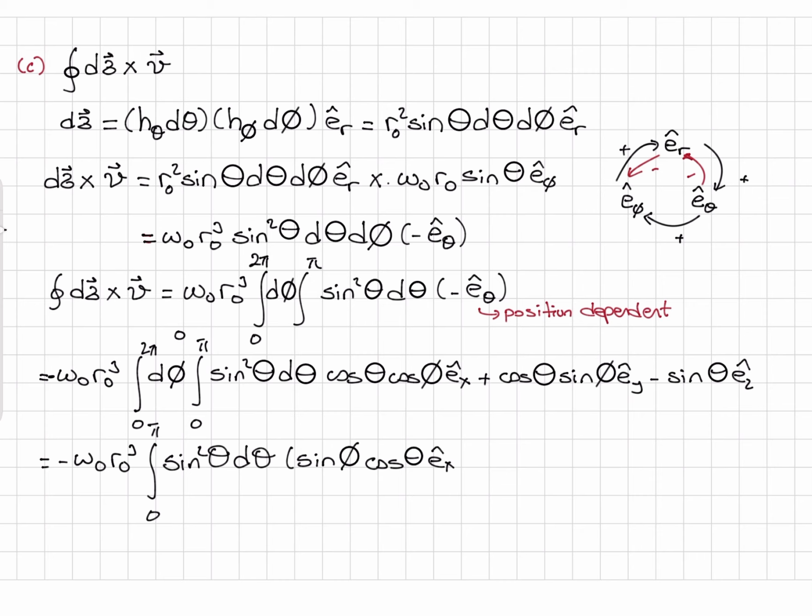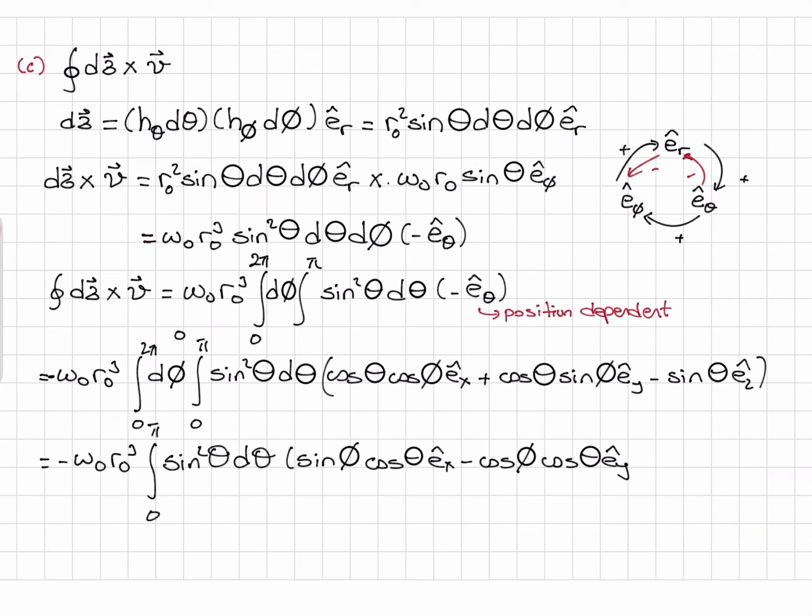And then I have, for the next term, a cosine theta sine phi. The sine phi integral will give me a minus cosine phi. So this is going to be minus cosine phi cosine theta in ey hat direction.